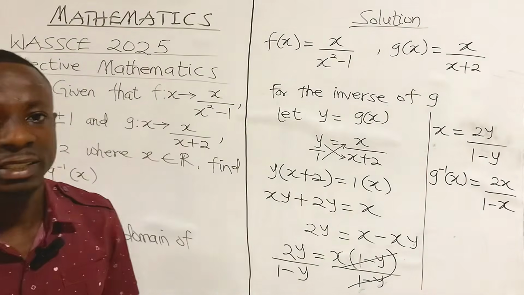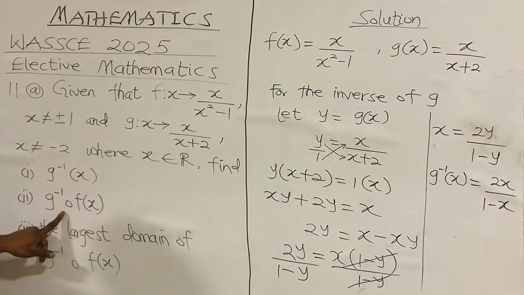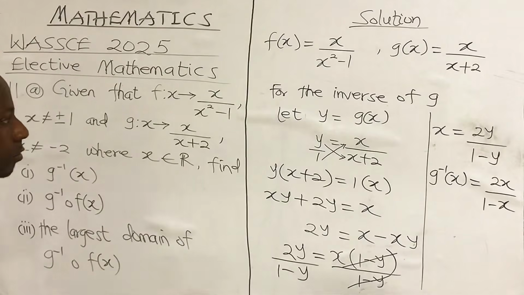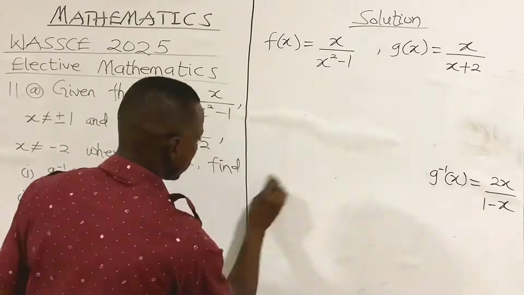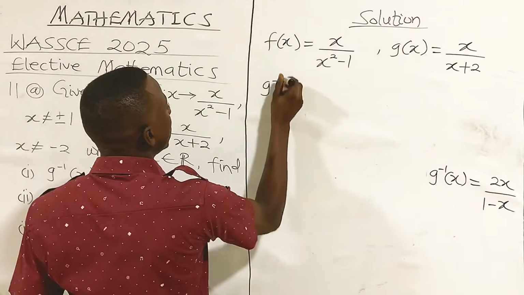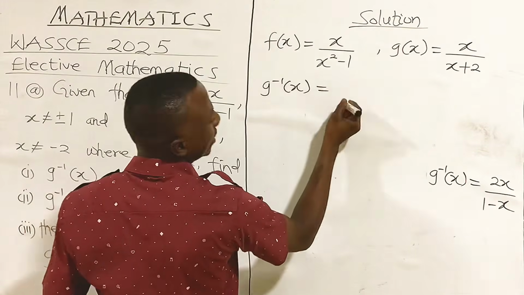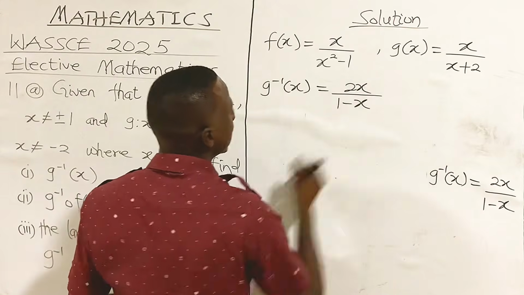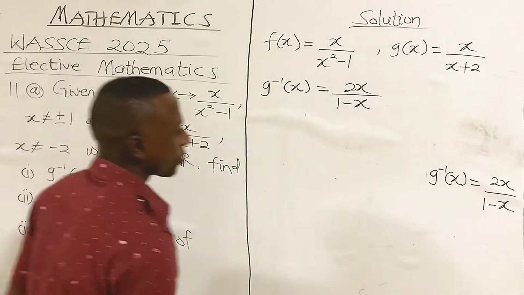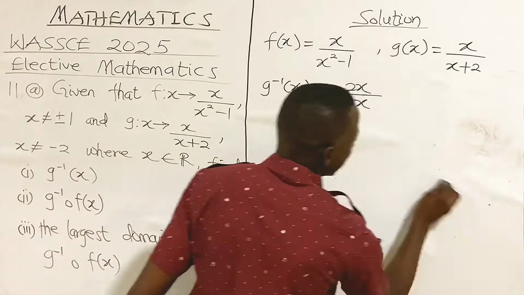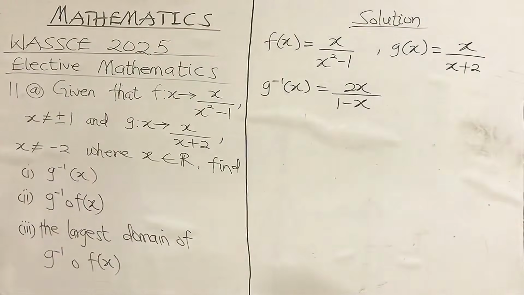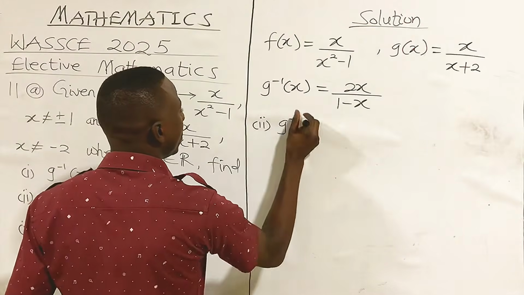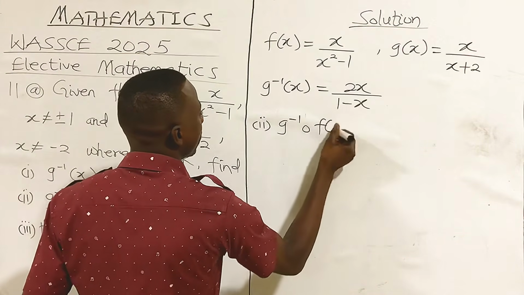So let's look at the next question, g inverse of f of x. We have g inverse of x is equal to 2x all over 1 minus x. So we have g inverse of f of x.